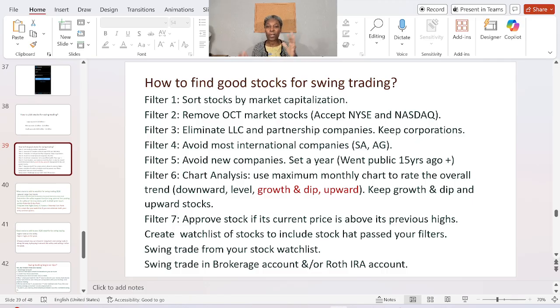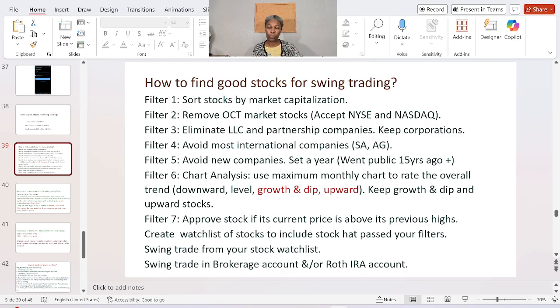Once the stock passes all those criteria, I will pull the maximum monthly chart of that stock, and that's where I can get a good feel for whether it's a stock I can add. By this point, the stock will be on our watch list. If it shows me growth and the chart is swinging around, the taller the mountain, the bigger the valley will be.